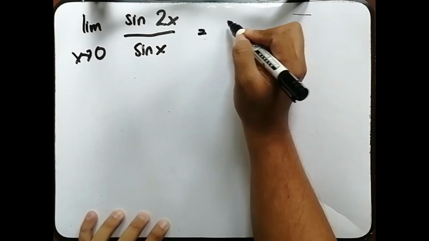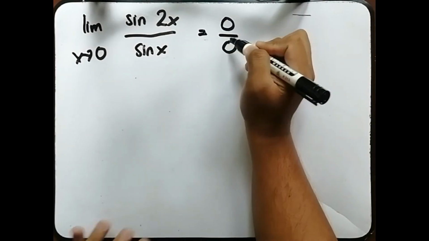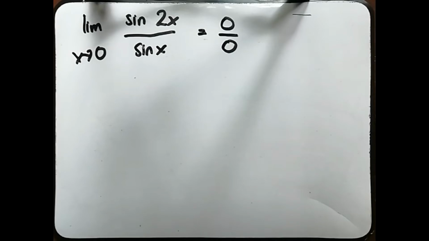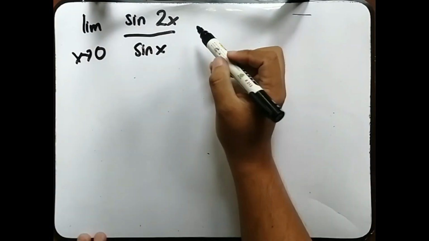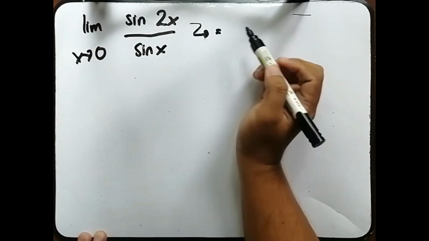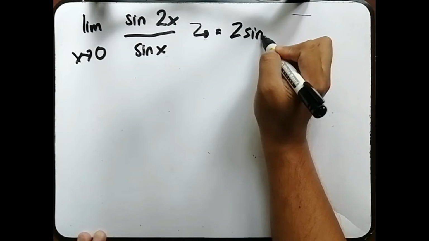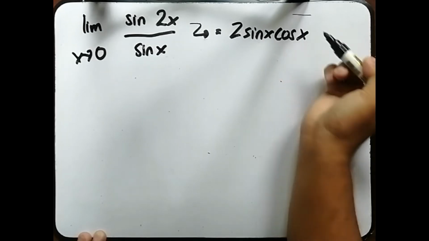So let's evaluate the limit of sine 2x over sine x as x approaches 0. Again, by direct substitution, this is 0 over 0. But we know that sine 2x is equal to 2 sine x cos x.